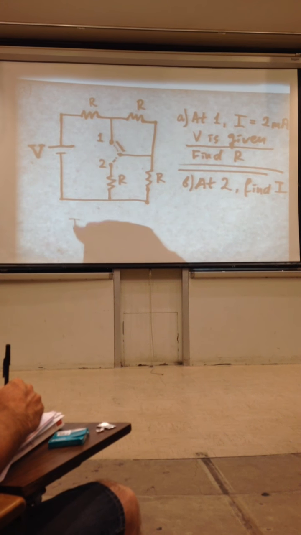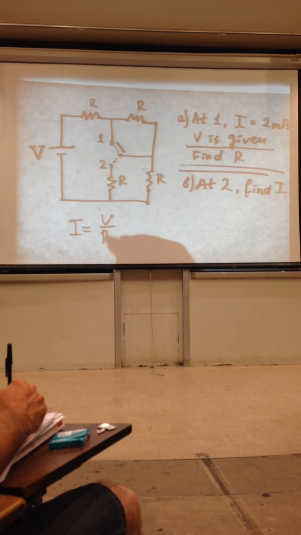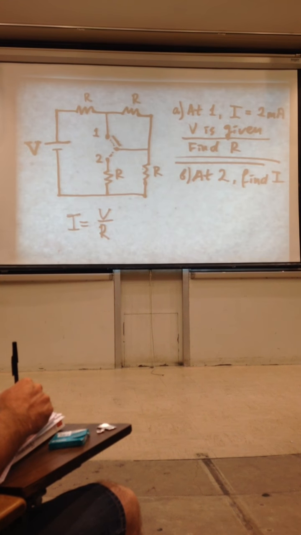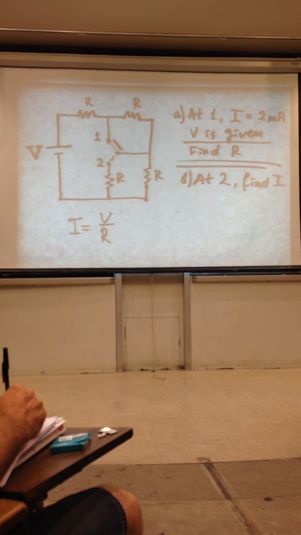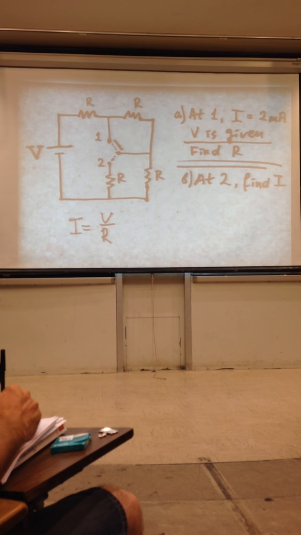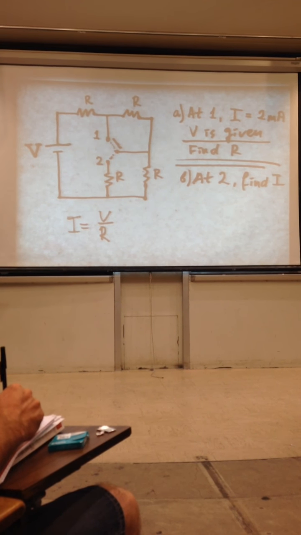Okay, the current is given, and we know that the current is given by voltage divided by resistance. So all we need to do is determine the total resistance of the circuit when the switch is at position 1.